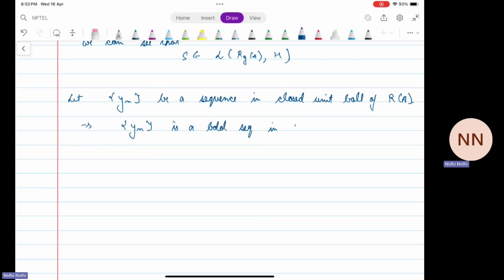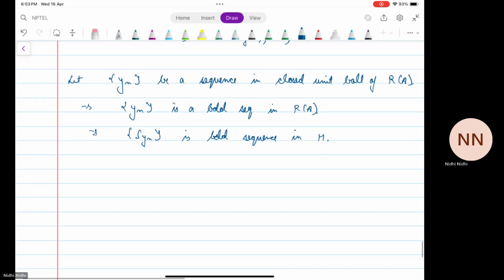Now, since S is a bounded linear operator defined on R(A), this implies Syn is a bounded sequence in the range of S, which is a subset of H. And how is Syn defined?